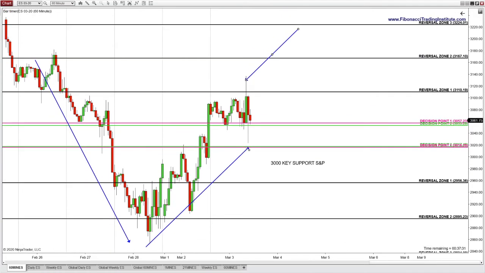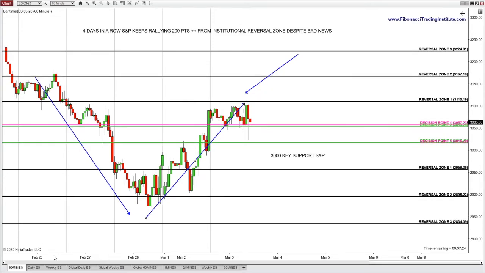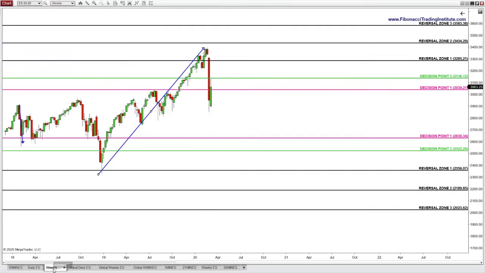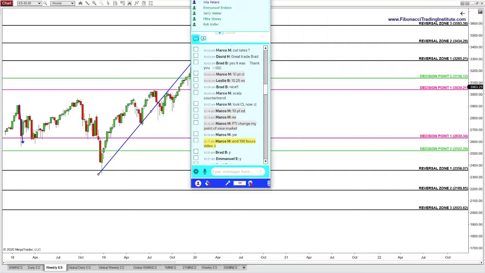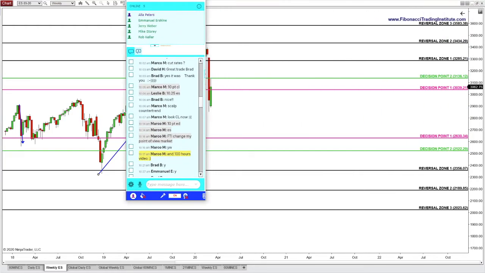So if you're trading with institutions and not against them, and if you understand the power of price and Fibonacci, you are in excellent shape. If Marco can do it, second week in the course, so can you.